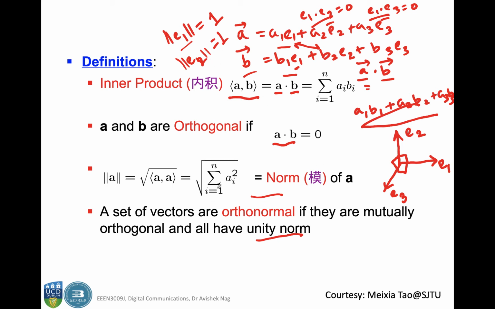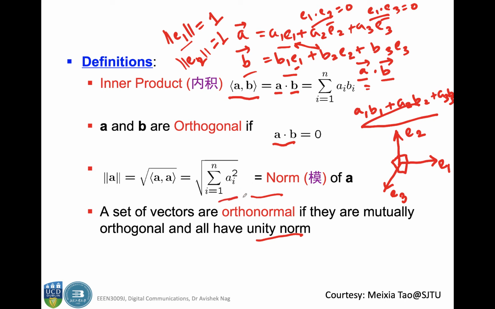So from there, if you write A as A1 E1 plus A2 E2 plus A3 E3, and then take the dot of A with itself, you will end up getting A1 square plus A2 square plus A3 square. So generally speaking, this is the expression for the norm.